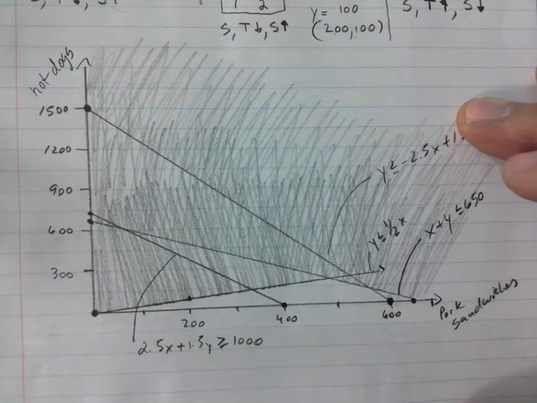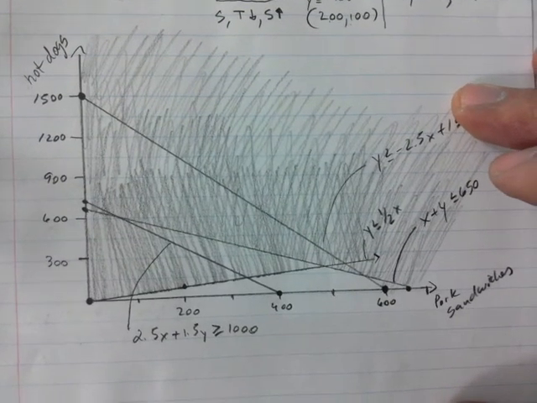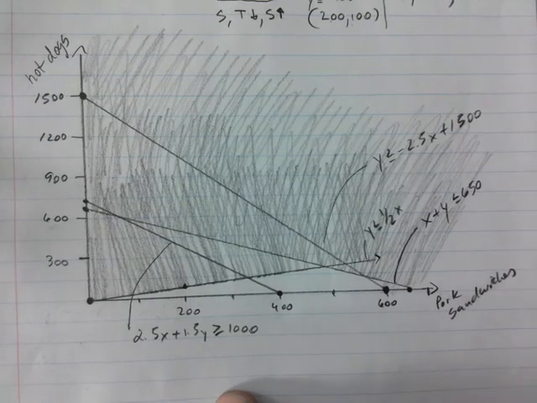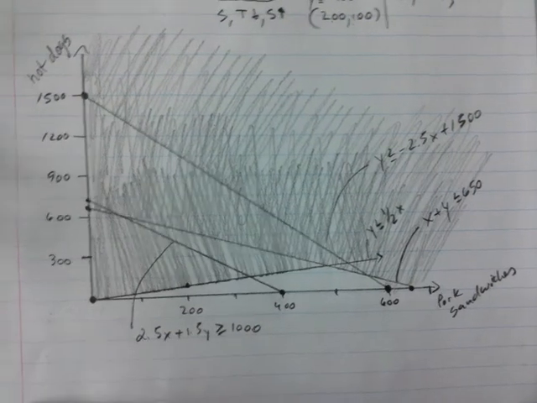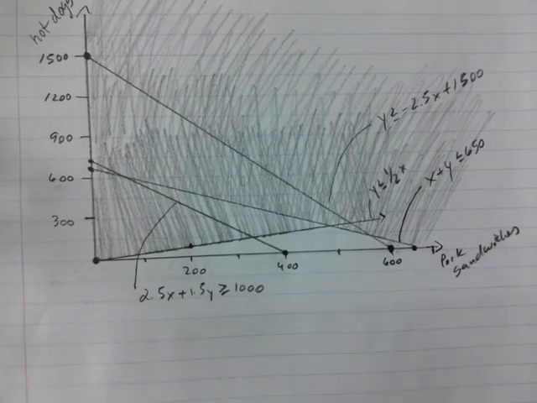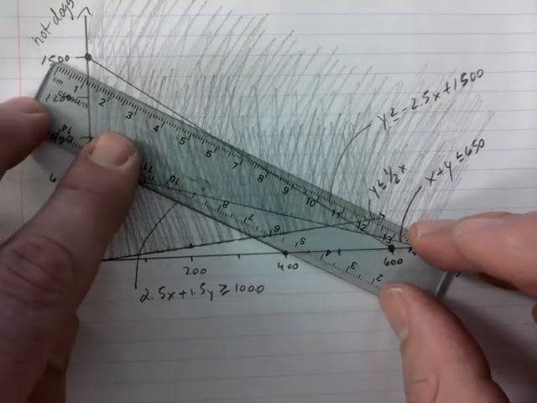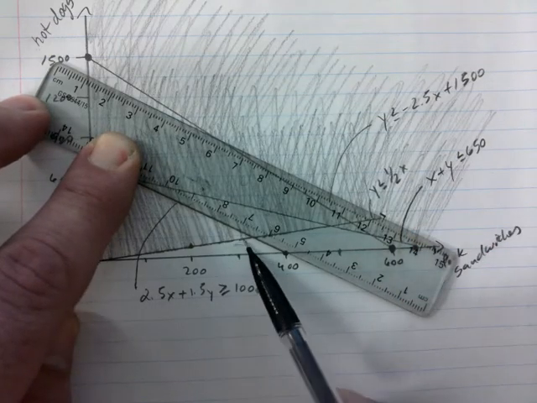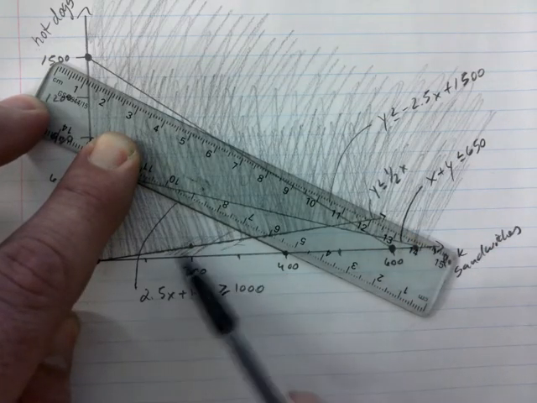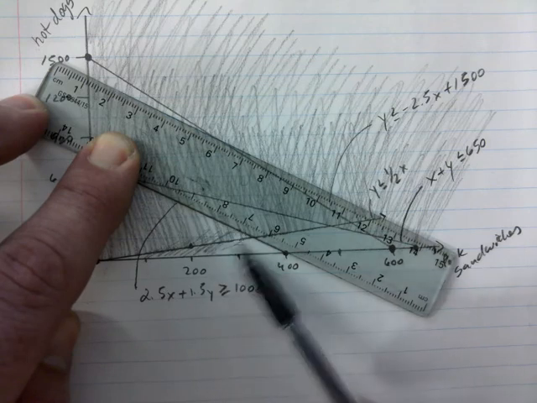So look what we have left, right? And then our third line, we're shading below, right? So this third line, I'm below it. So that's going to get rid of that little sliver down here, right? All of that is gone now.